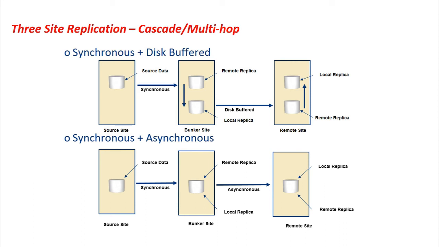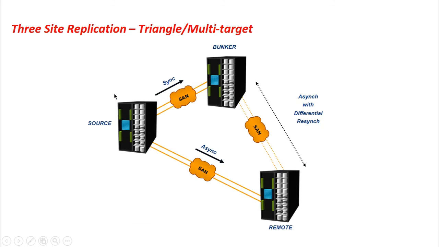Recovery point objective at the remote site is usually in the order of hours for this implementation. The process to create the consistent point-in-time copy at the bunker and incrementally update the remote replica occurs continuously in a cycle. So that is our synchronous plus disk buffered three-site replication.